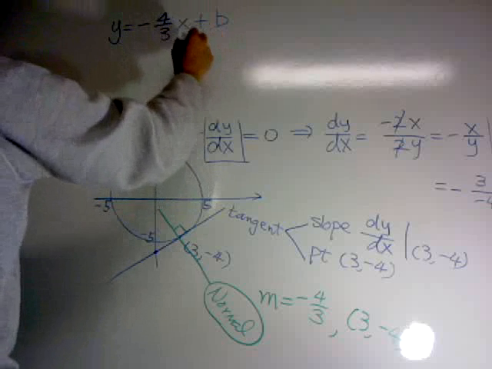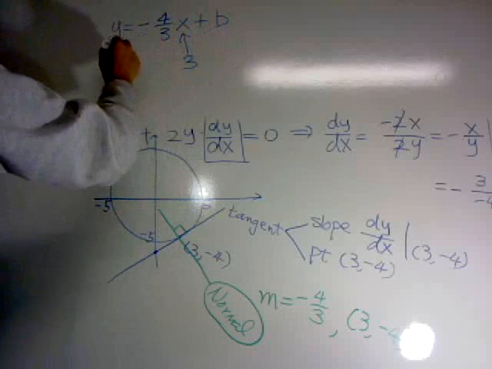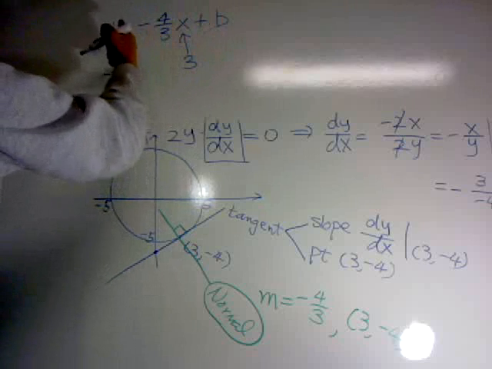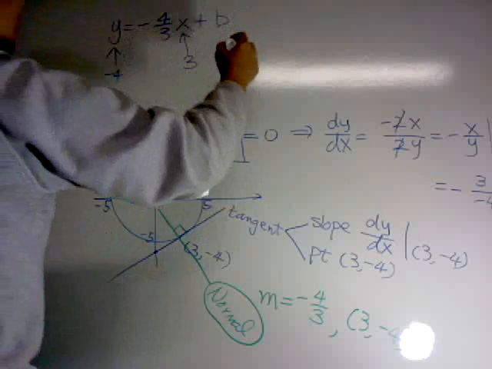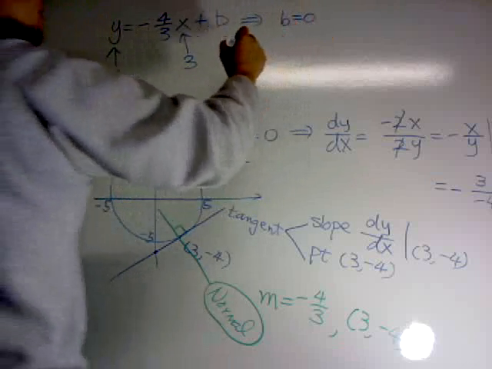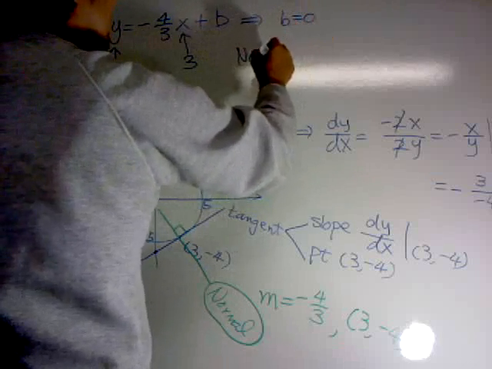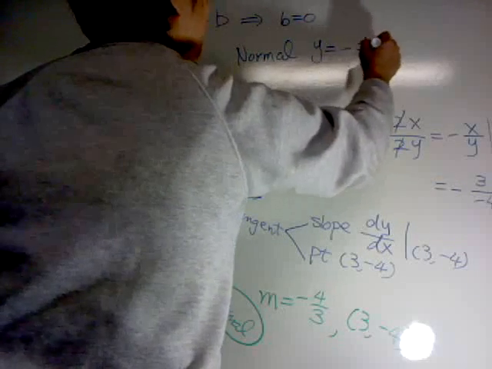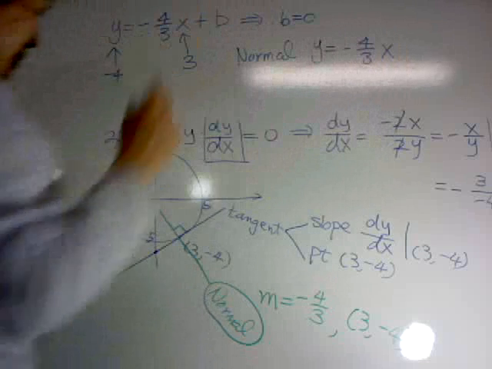Now we plug in the same 3 and negative 4. Well, the 3 cancels, negative 4 equals negative 4. Wow, so b turns out to be 0. Therefore, the equation of the normal line is y equals negative 4/3 x.